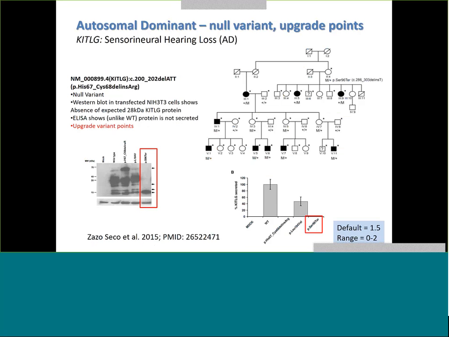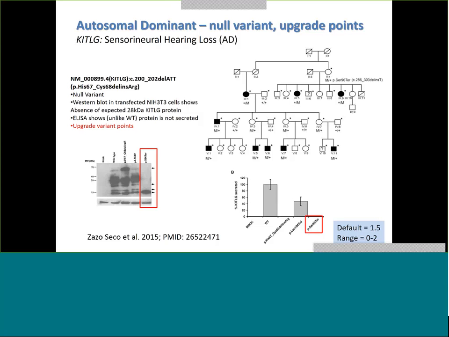And so the wild type is secreted when you measure via ELISA, but the variant transfected cells don't secrete any protein at all. So I had suggested to upgrade in this case the scoring points for that, maybe up to 2 points potentially.